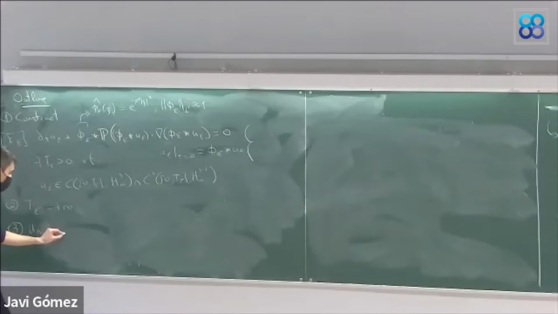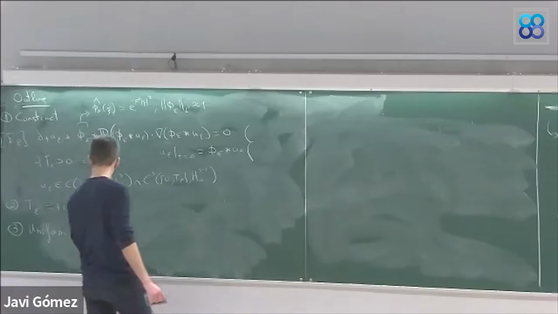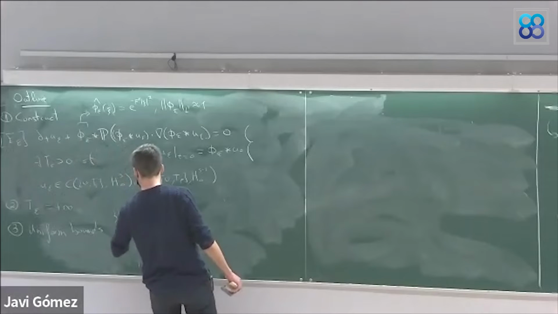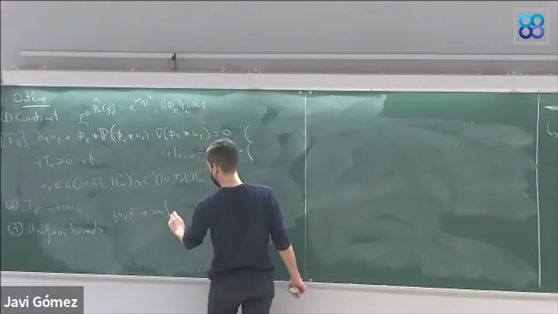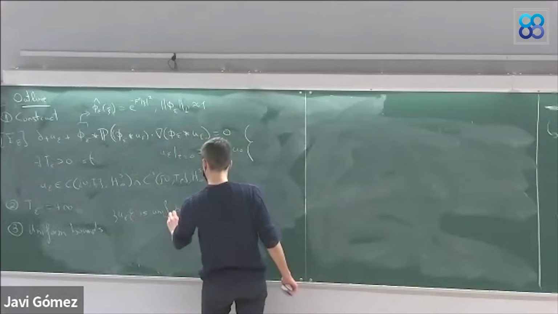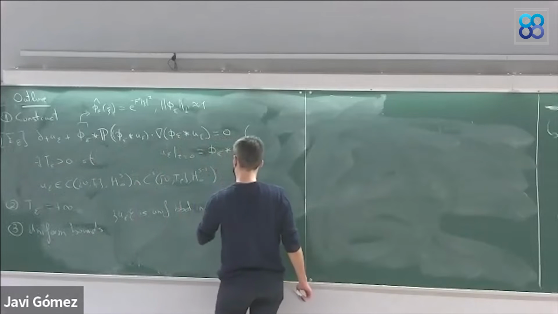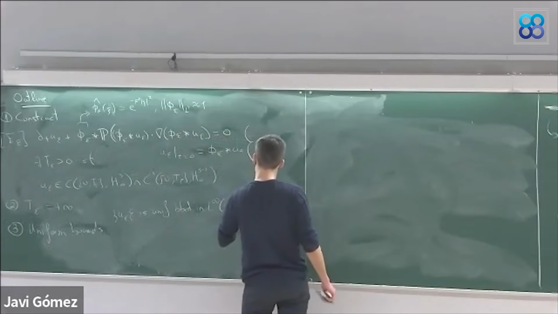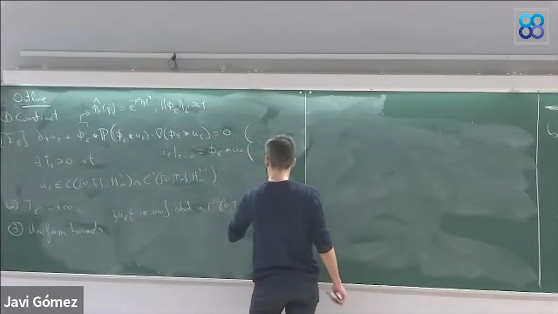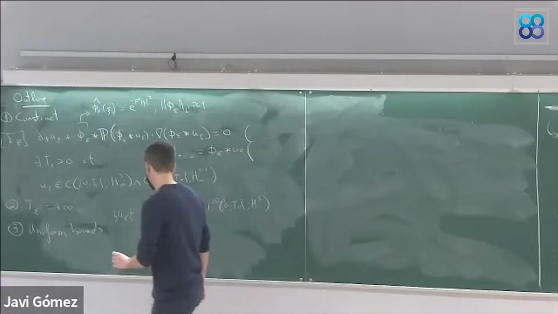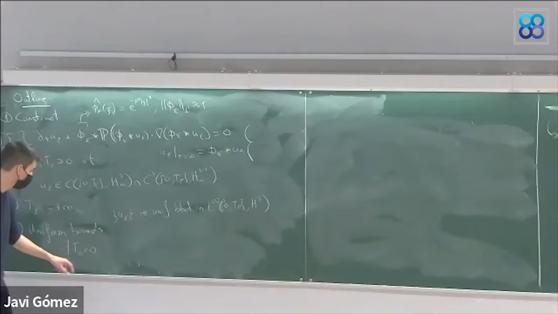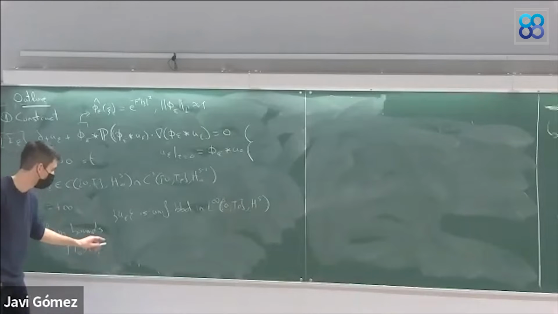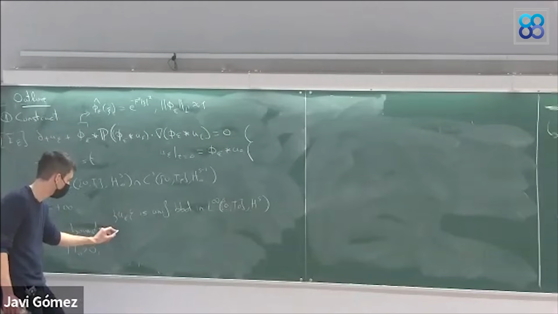And for that, we will need some uniform bounds. We will show that the sequence is uniformly bounded in epsilon in H^s. So we will show that there exists a time independent of epsilon such that these uniform bounds hold.